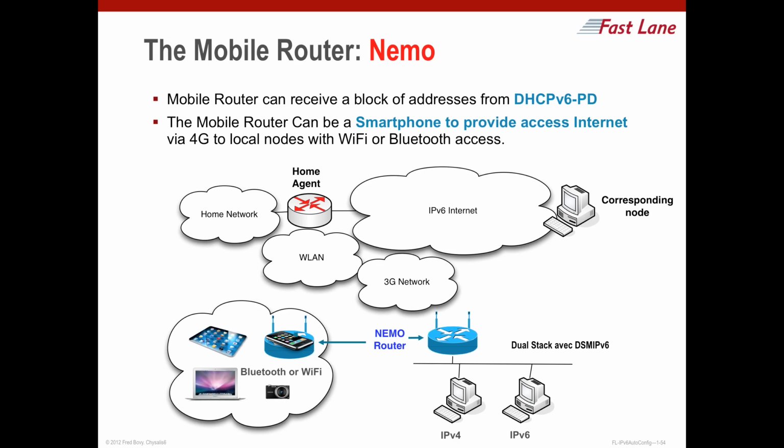So the router can be a smartphone, and you can attach a notepad, a camera, an iPad, and again you will benefit from mobile IPv6, which means that if your notebook is logged in the morning from home with mobile IPv6, you keep the same address wherever you go, and you keep this information, and you can then roam and move anywhere without losing your session, without having to log in again every time you move to another location.